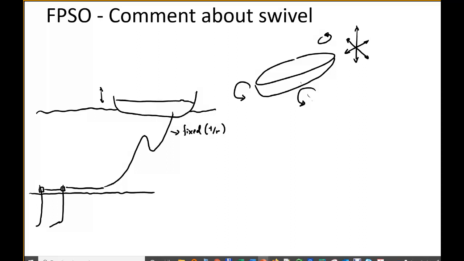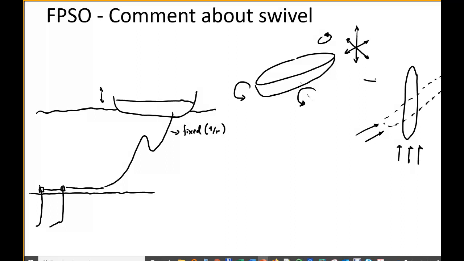Also, one thing with the FPSO is that the movement depends on the direction of the flow, for example, the waves. In a ship, you always have to align with the direction of the waves. If the waves come from a different direction, then you have to reorient the ship.